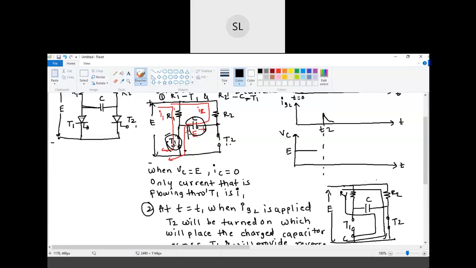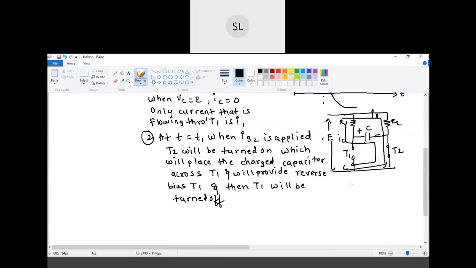Okay. So because of this, first of all, the capacitor will be discharged, and because of the current flowing through this capacitor C, provided by supply voltage E, it will be again recharged in the opposite direction. Okay, that is with left plate positive and right plate negative. Okay, so here T2 will carry two currents.